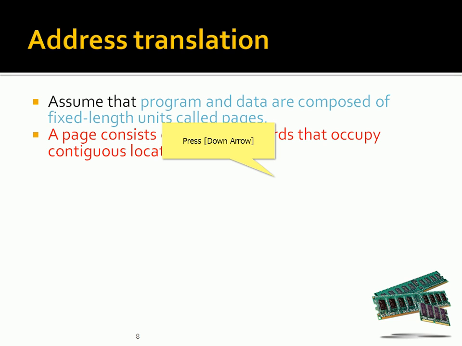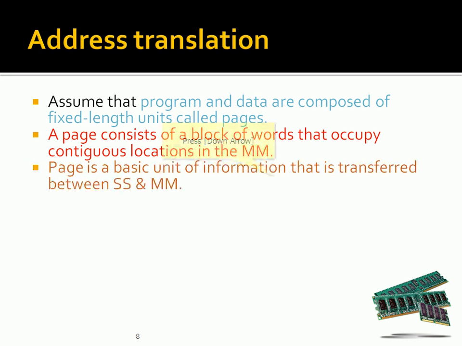A page consists of a block of words that occupy contiguous locations in the main memory, right? A program is a set of pages, and a page consists of a set of blocks of words that occupy contiguous locations in the main memory.